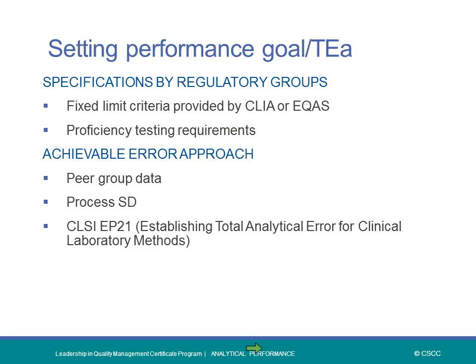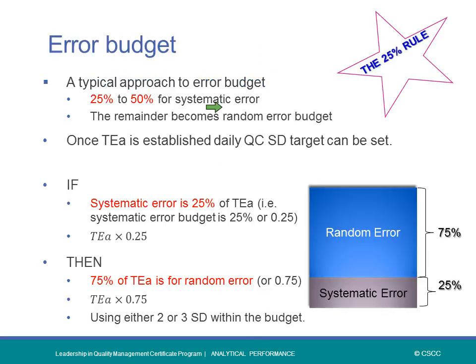And applying these, getting direct information about the two types of error again, systematic error and random error. One useful means of getting at that would be to use the error budget. Typically, the error budget is adjusted by either a 25% rule or a 50% rule applying to systematic error.